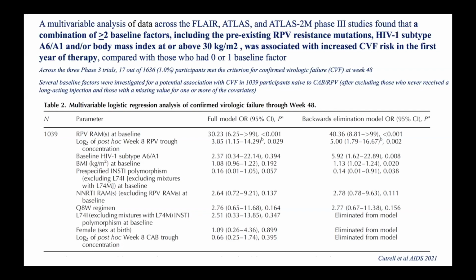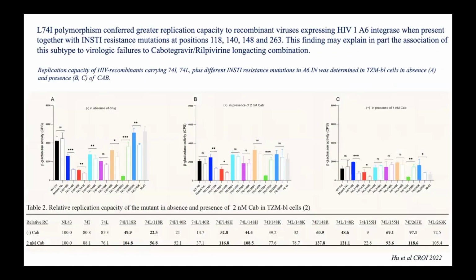And we know that at least 2 factors, between pre-existing rilpivirine resistance mutations, the subtype, or also very important, because these are injectable antiviral regimens, the body mass index. So if you have at least 2 of these factors, you have a higher risk of failing the treatment, even if it was very successful. You see just 1% of participants had a virological failure.